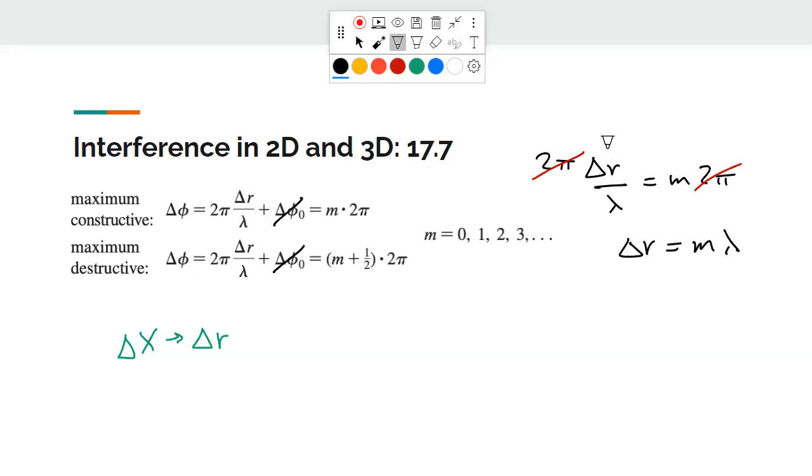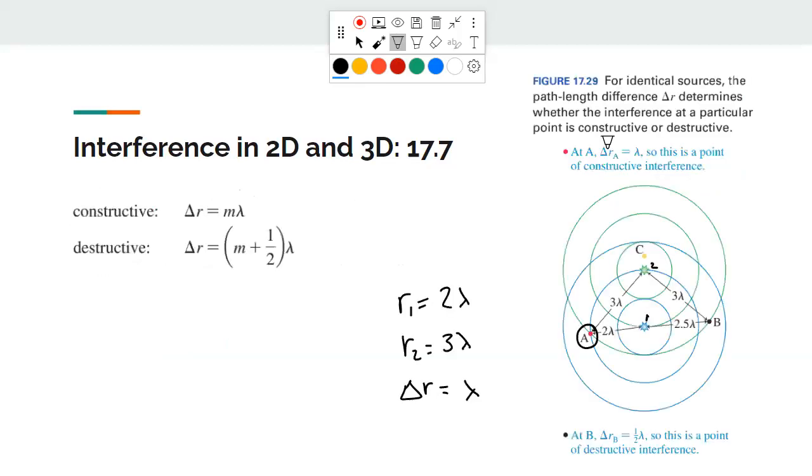So if one of the 2 sources of waves had to travel an integer number of wavelengths farther, then that causes them to line back up, right? It's kind of like one spent a little longer, but because the wave repeats after one wavelength, we end up at the same place that we left off. So they're overlapping from the source, but one travels 1 extra wavelength and now they're overlapping again.